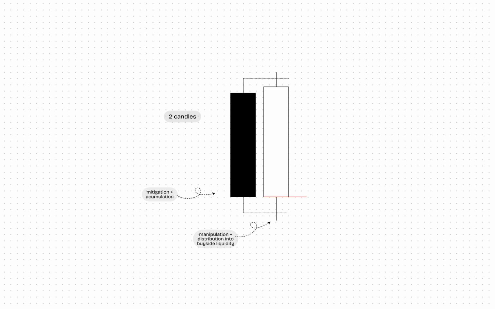So if price is bullish and it has intentions to go higher, the news is not going to dictate that direction. It's just going to speed up the process. That's why we see this happen in the same candle. Manipulation, distribution, range low, range high. So we sweep liquidity and then we take liquidity.